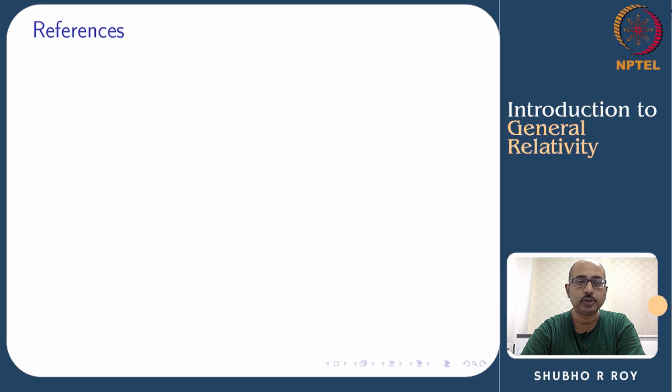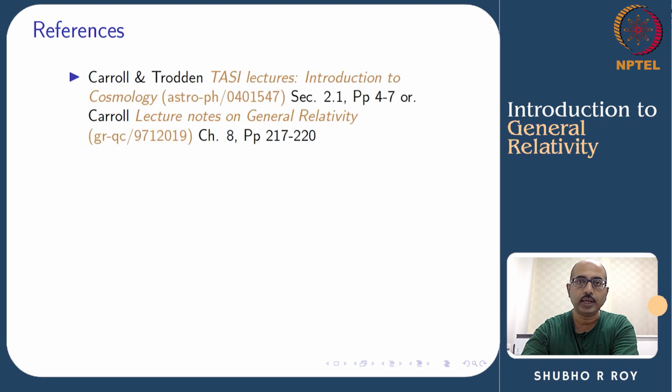As for references for this lecture, I will suggest the following sources. The first is the set of TASI lecture notes by Carolyn Troughton, available for free on the arXiv, the astrophysics arXiv in particular. Sections 2.1 and following pages is where you can find the relevant material. And this has a significant overlap with the material in Sean Carroll's lecture notes on general relativity, which is also available for free, chapter 8 and the following pages.